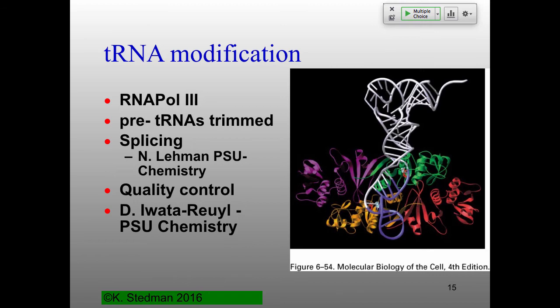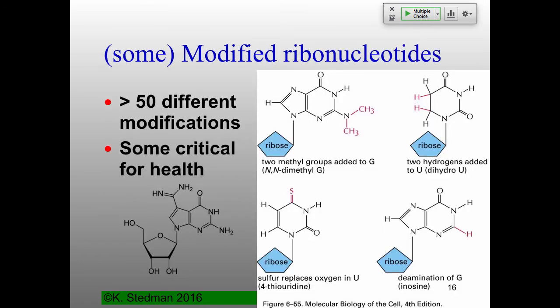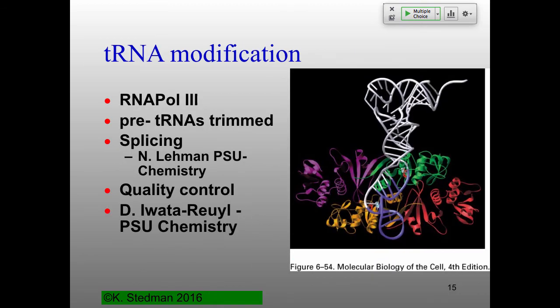endonucleases and ligases that will cut out individual pieces of your tRNA. And interestingly enough, it turns out that almost all of these introns in tRNAs are at or near the anticodon loop, the purple that we have here. So those are getting spliced out, and even in some organisms, what people found is that sometimes these tRNAs are actually encoded in two different halves and then get brought together inside the cell.